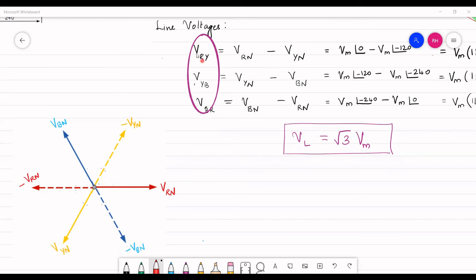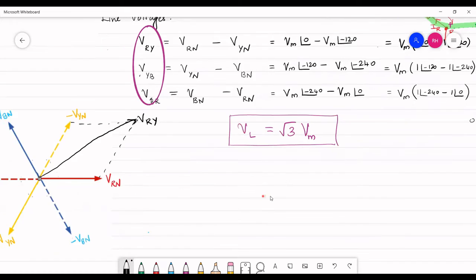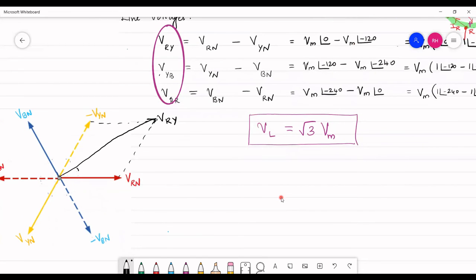Now VRY is the sum of VRN and minus VYN, and we have VRN and minus VYN. So taking the phasor sum of these two phase voltages, we get the line voltage, which is VRY. It could be seen from the expression that VRY is root 3 times the magnitude of VRN, and it makes an angle 30 degrees with the reference.